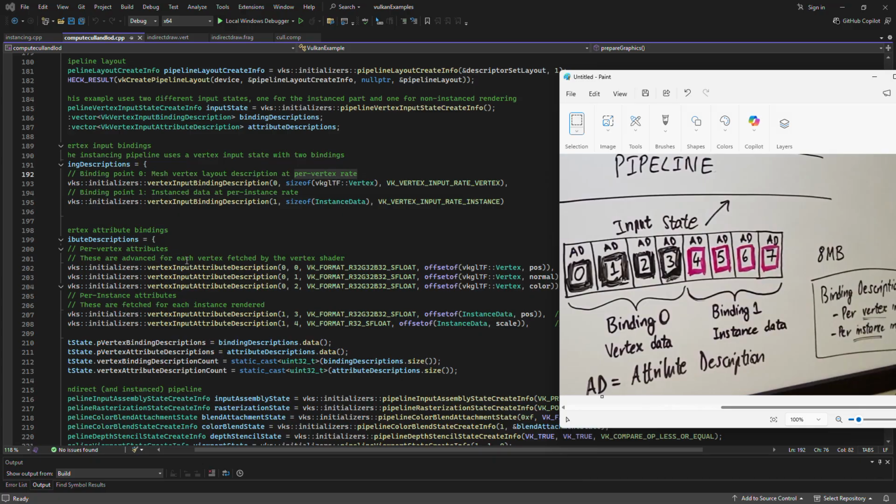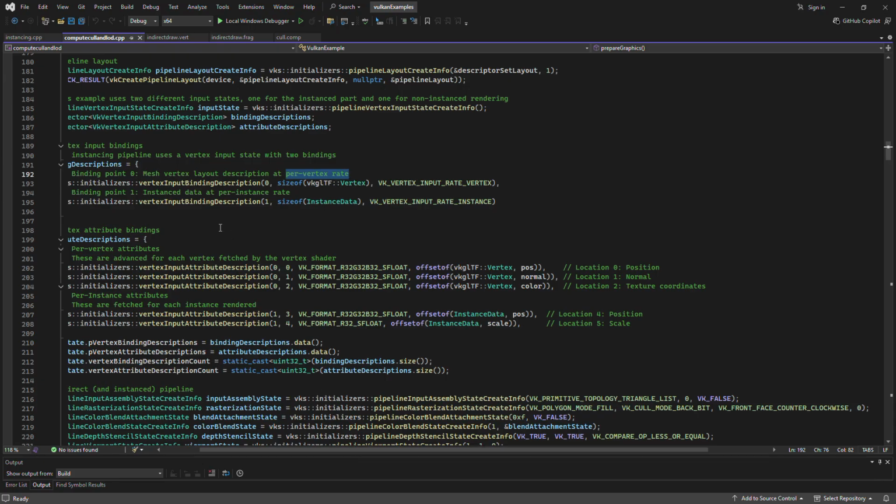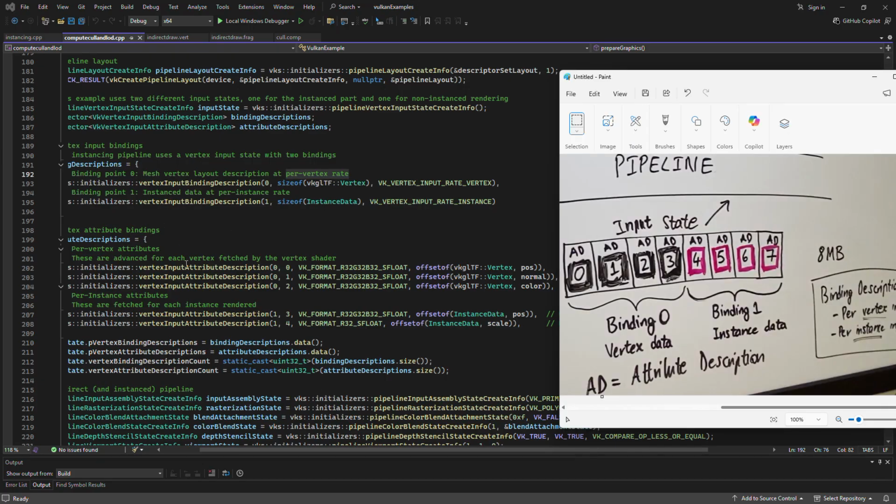These are advanced for each vertex fetched by the vertex shader, right? So we are dealing with attribute descriptions, each specific block. Binding 0, location 0. Binding 0, location 1. Binding 0, location 2. All right?